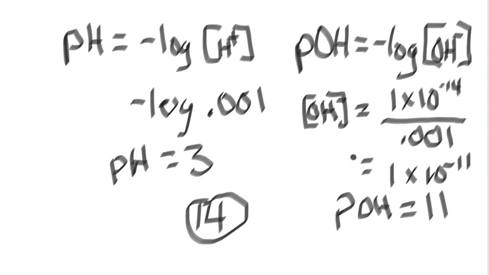The pH and the pOH always add up to that exponent in the ionization constant, or at least the opposite sign of it, because we're taking the negative logs to solve for these two. So pH and pOH added together equals 14.